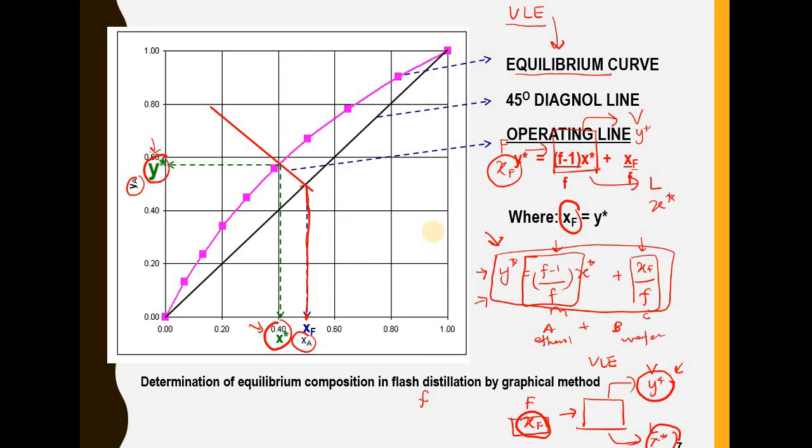I want to know the mole fraction of the desired component in equilibrium, which is Y star and X star. This is the purpose of the information from the operating line and the equilibrium curve. You can find the Y star and also the X star.